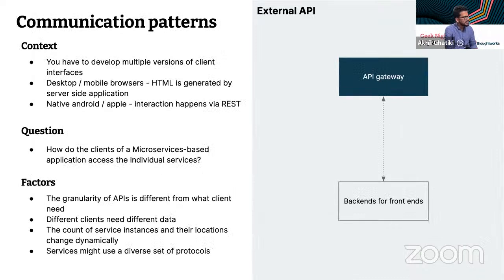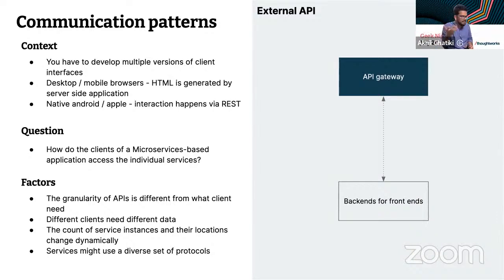And yes, you have again communication patterns. You can have API gateways. You need to support multiple versions of clients. So suppose when a request is coming from a browser, you need to send back an HTML response. But when the request is coming from native applications like Android or Apple, you need to send them the REST API response, right?